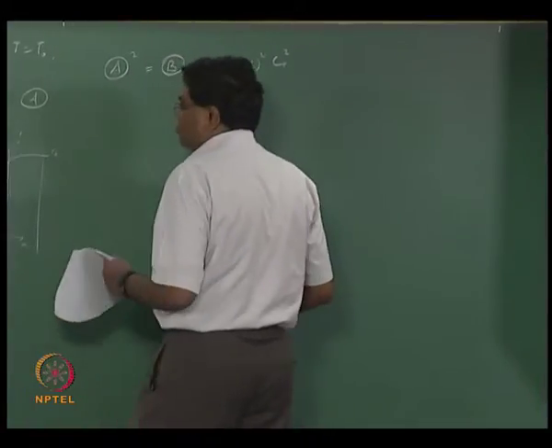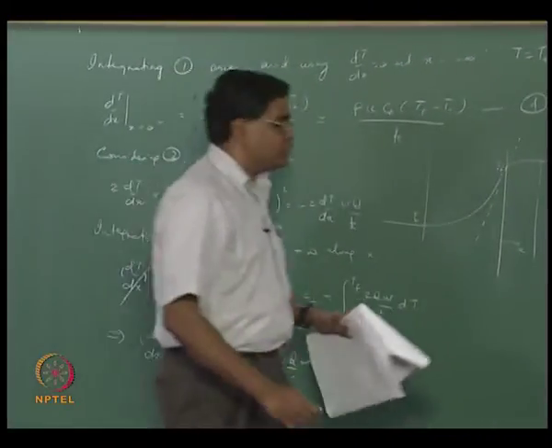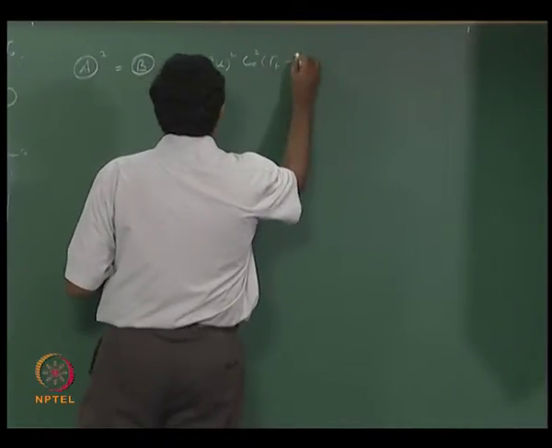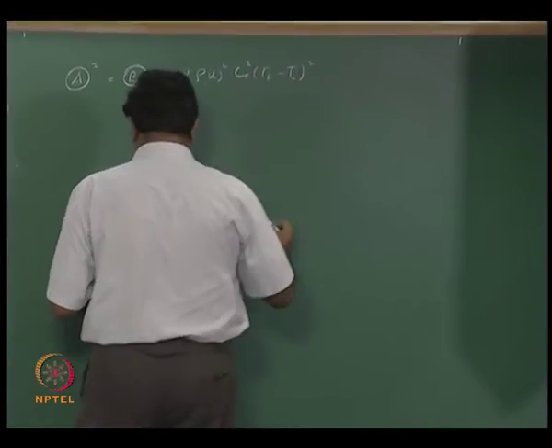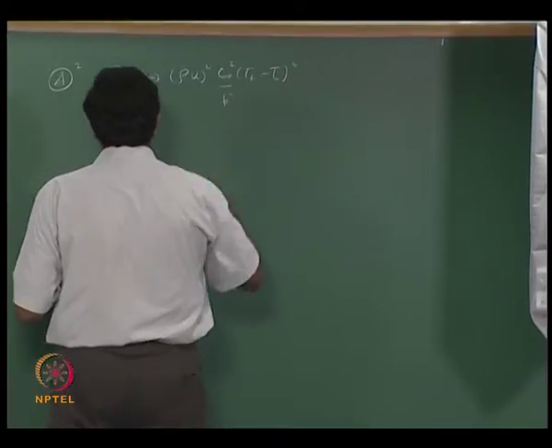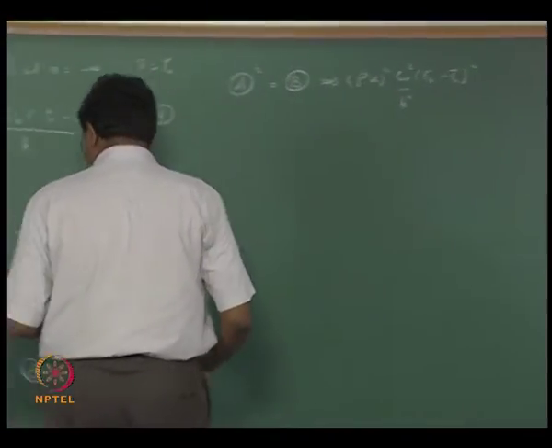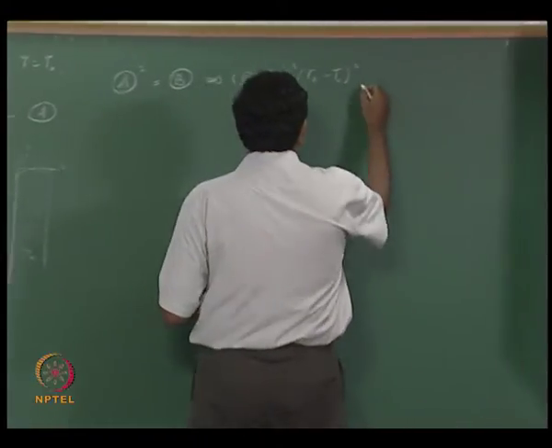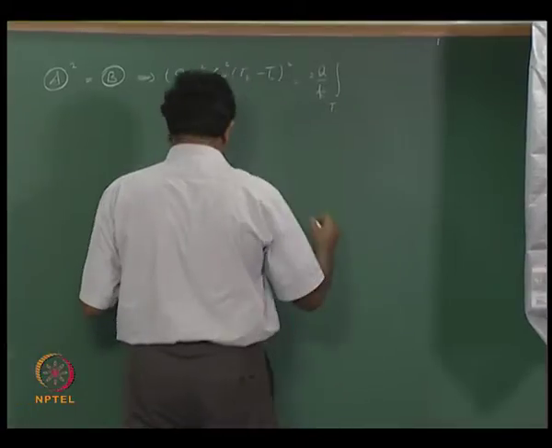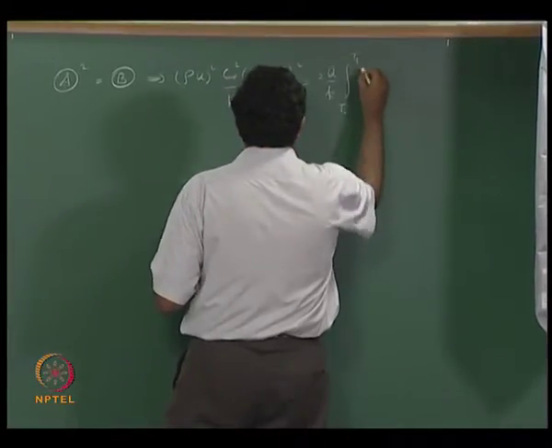See how I am squaring things. The rho u indicates the mass flux, so you want to keep it together. Cp squared (Tf minus T naught) the whole squared divided by K squared equal to 2Q divided by K integral Ti to Tf.